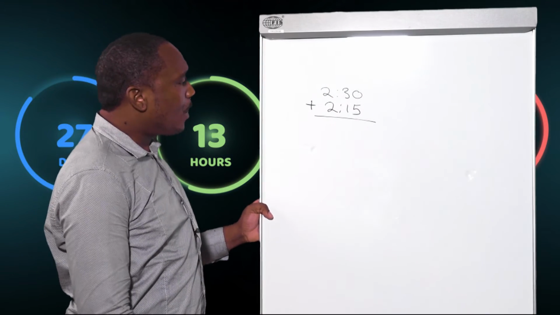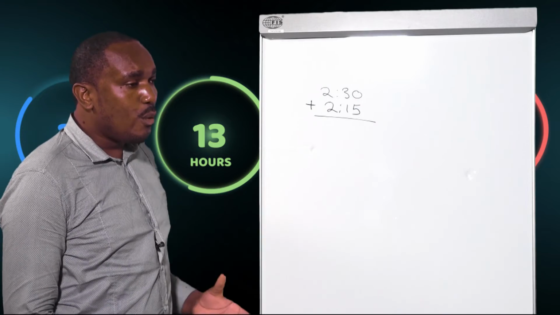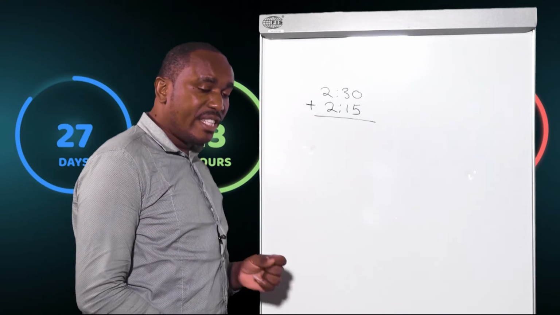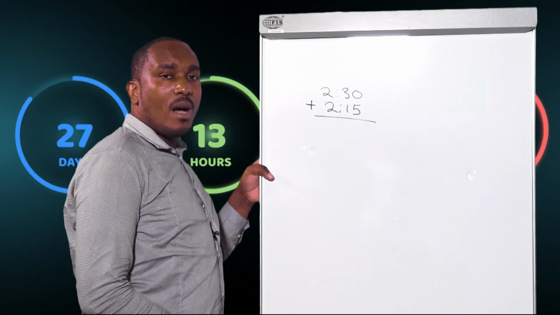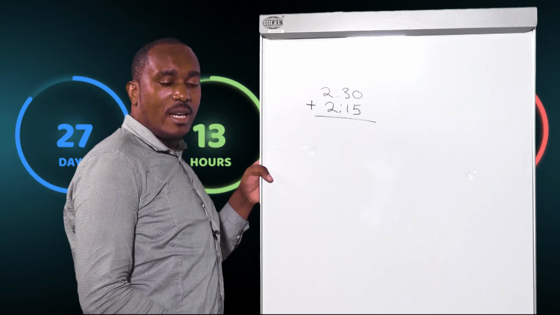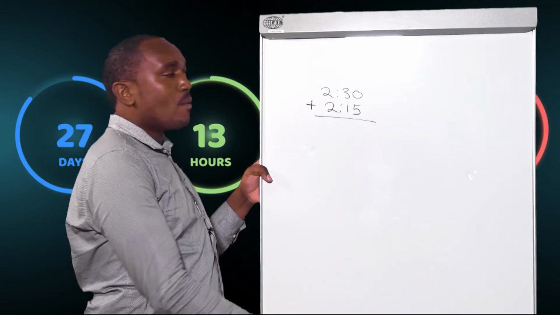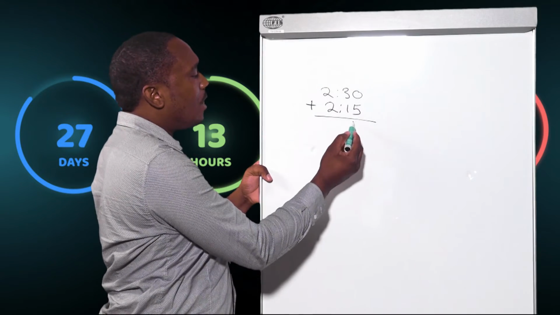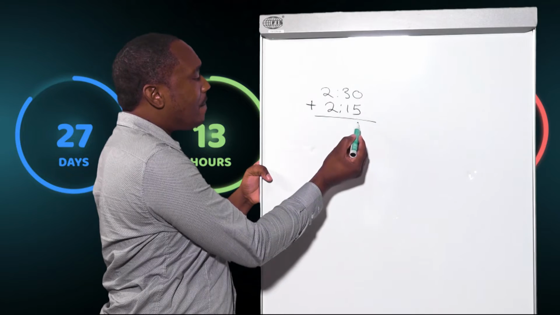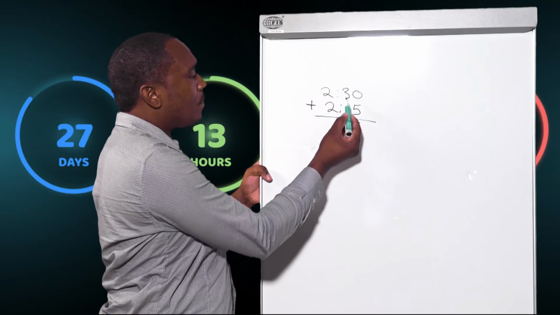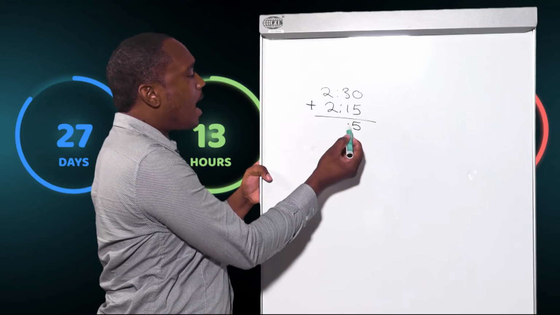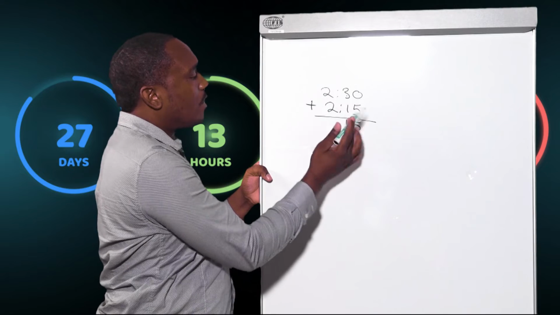So it's very simple. As I said, if you know your mathematics, your simple addition and subtraction, then this one is going to be easy. So you say 0 and 0, 0 plus 5, it will give you 5 here. 3 plus 1, it's 4.